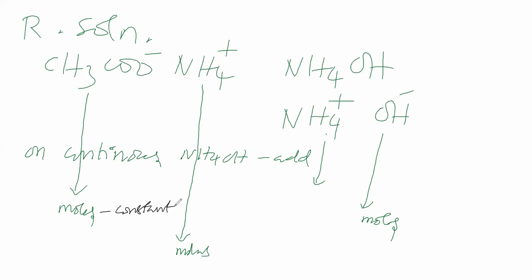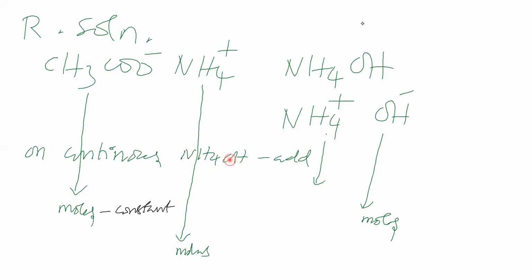Once the equivalence point is reached, the reaction is over, and hereafter there is no more ammonium acetate, so this number of moles will remain constant. Sir, though we reached the equivalence point, we are adding ammonium hydroxide continuously from the burette.